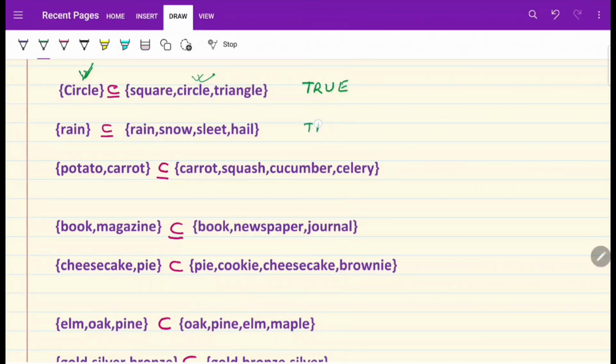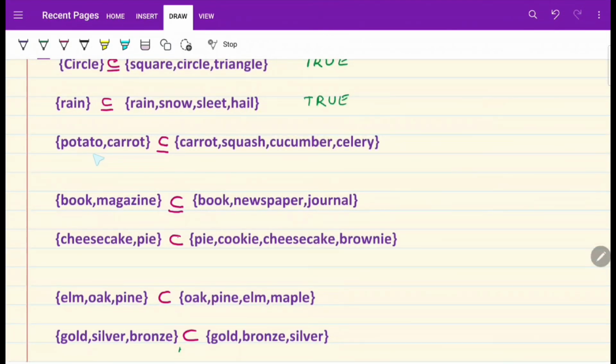Again, this is a true statement because the subset has an element which is also a member of the set that it is a subset of. The next one is potato, carrot. So the subset has elements which are potatoes and carrots, and the set has elements carrot, squash, cucumber, and celery.